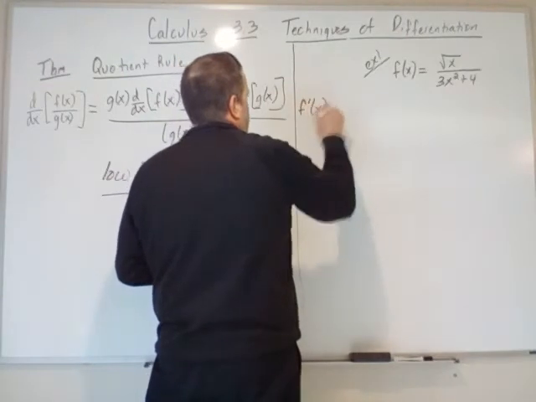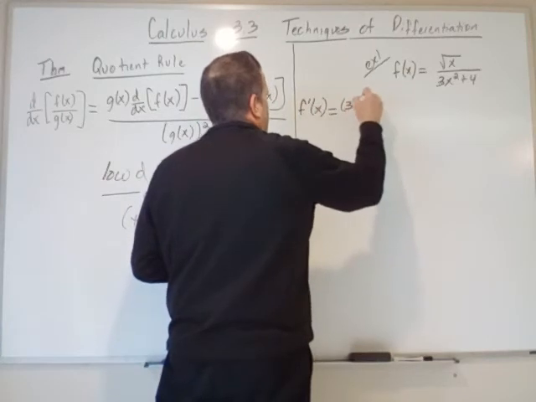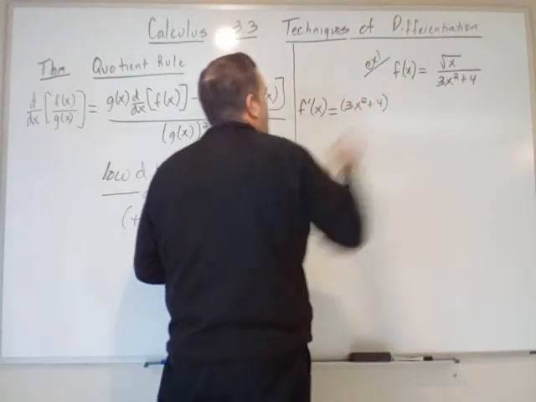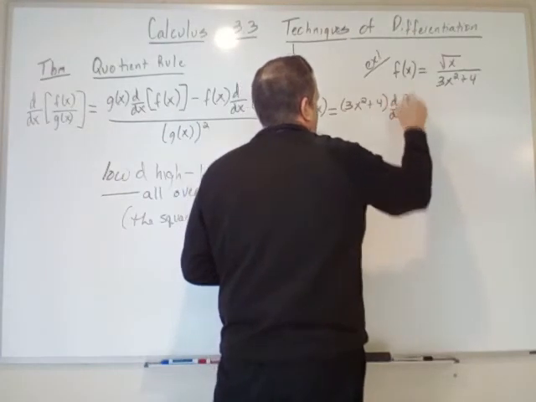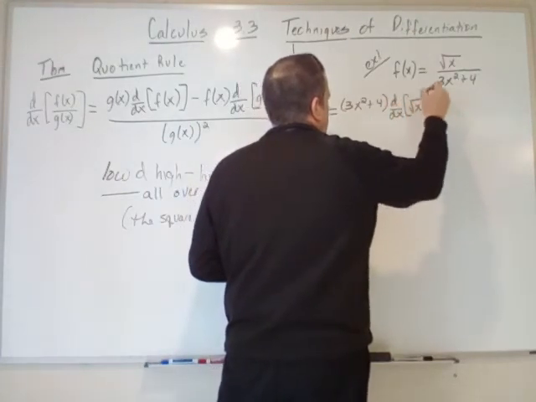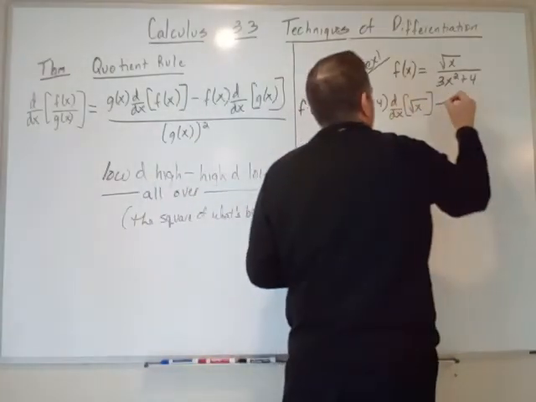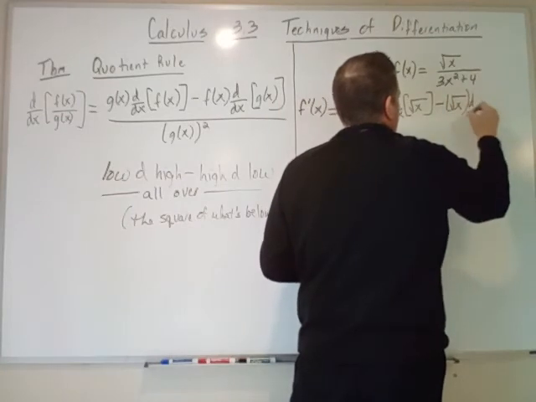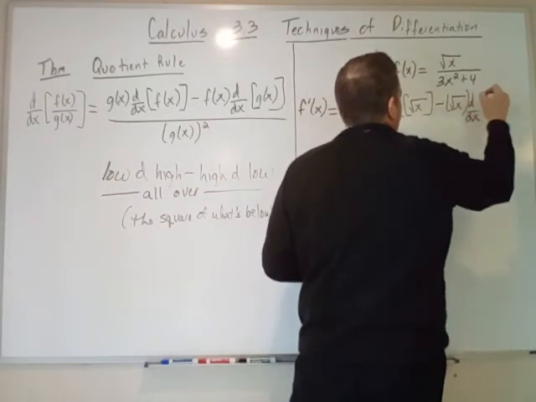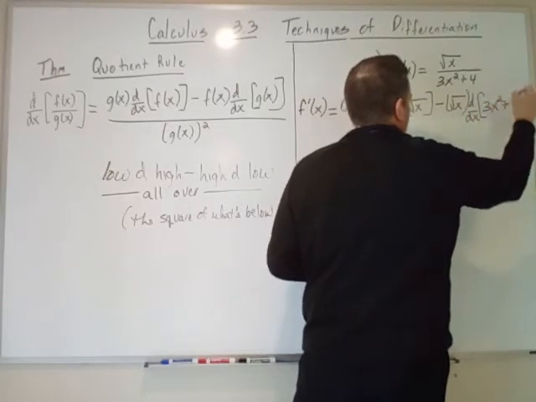F prime of x equals the low function as is, 3x squared plus 4, times the derivative of the high function, that's the derivative with respect to x of the square root of x. So we've got low d high minus the high function, which is the square root of x, times the derivative of the low function, which is the derivative of 3x squared plus 4.